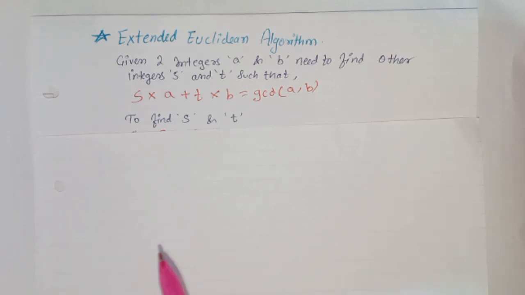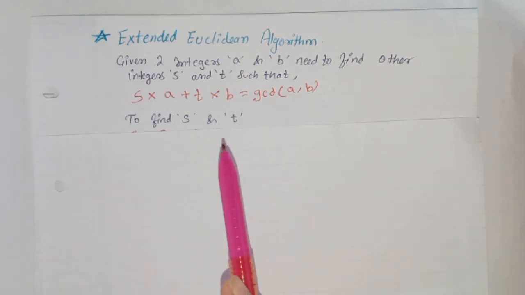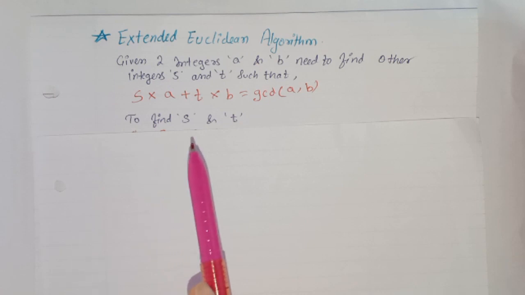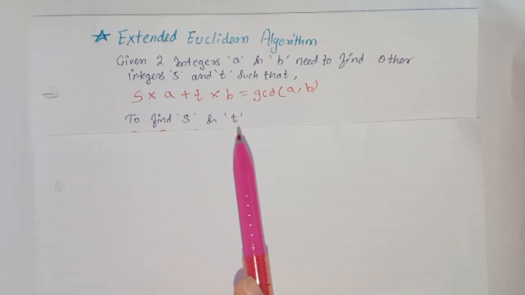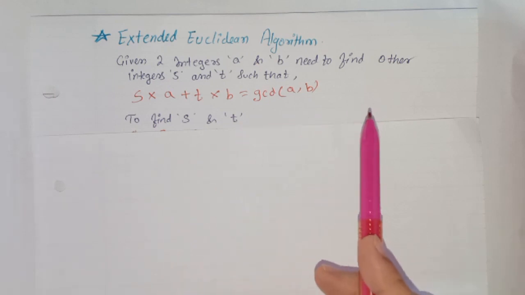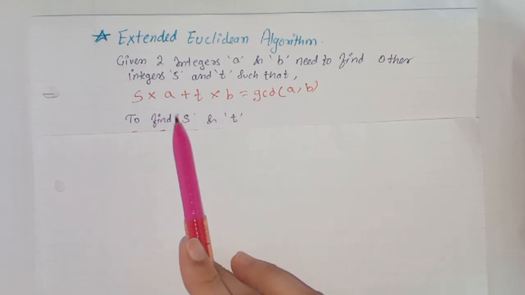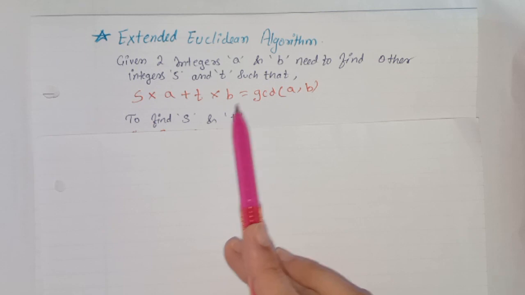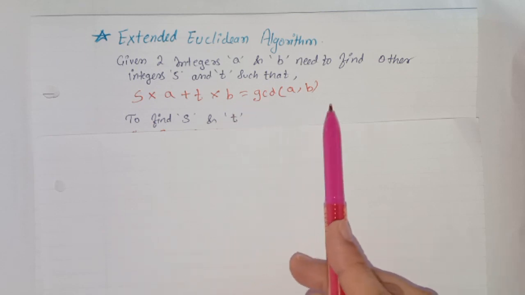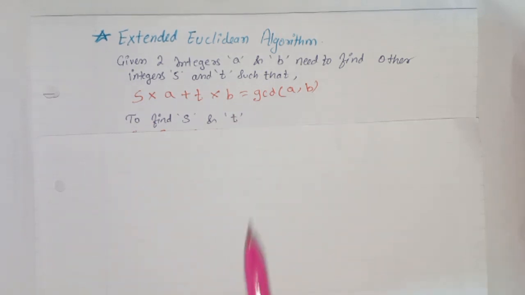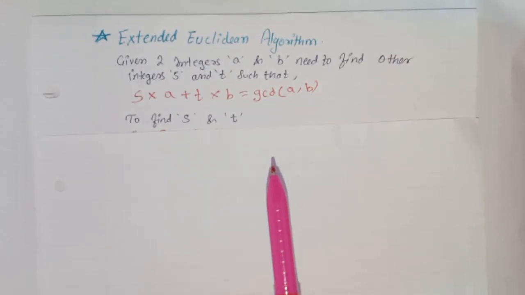Now let us see the extended Euclidean algorithm. In the extended Euclidean algorithm, when two integers a and b are given, we sometimes need to find integers s and t such that s into a plus t into b is equal to GCD of a comma b. That means in the extended Euclidean algorithm we get the GCD as well as s and t.